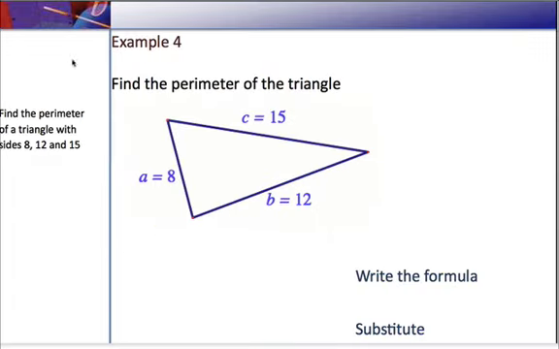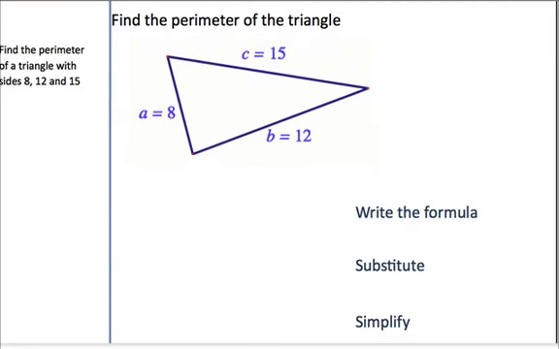My next example is to find the perimeter of this triangle. We see that A is 8, B is 12, and C is 15. So just to illustrate the process here, we're going to start by writing down the formula. We said that perimeter is equal to the side A plus the side B plus the side C. Now we'll substitute in our values.